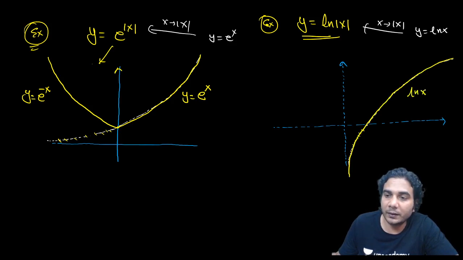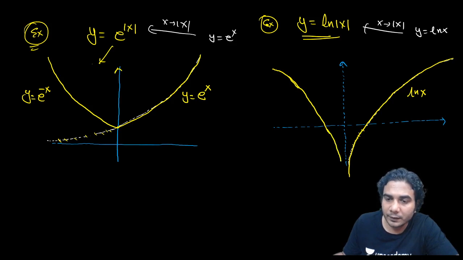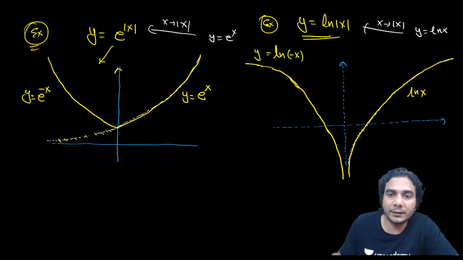Y is equal to ln of x. And the mirror image of this will also appear. Okay. So what is the mirror image of this? Mirror image of this. All right. So this part will come. And this is ln of minus x. Y is equal to this. This part will also come.